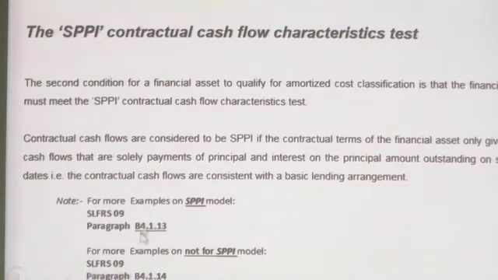In your standard book IFRS 9, paragraph B4.1.13, you have examples. There is a table, see, paragraph B4.1.13, there is a table. That table shows examples on SPPI application. As I told you, is that clear? I have explained how to apply SPPI.